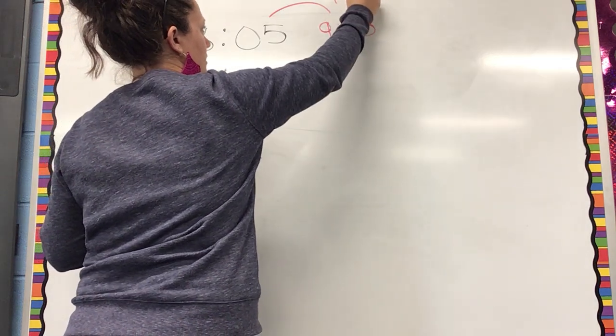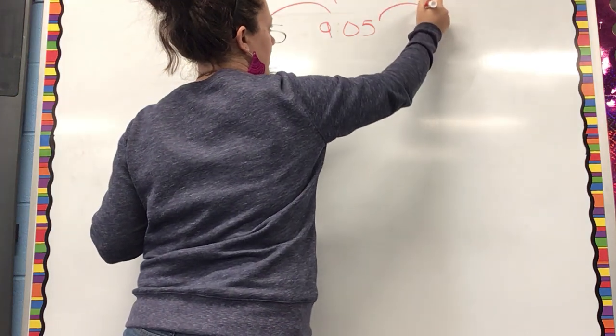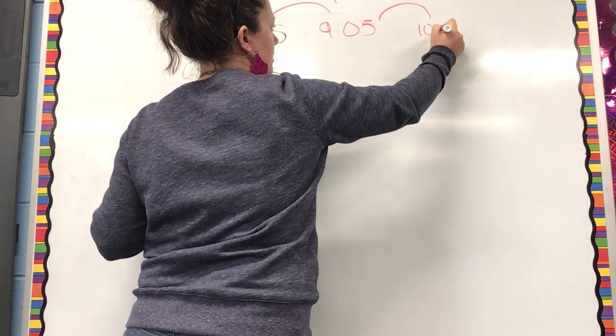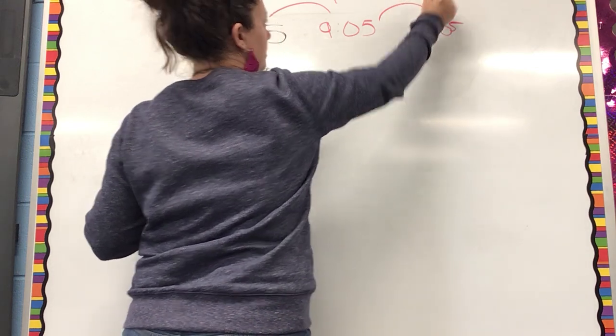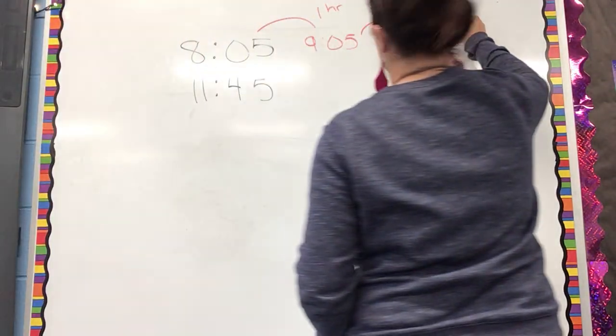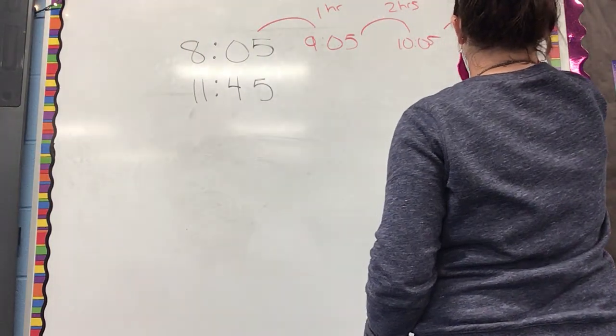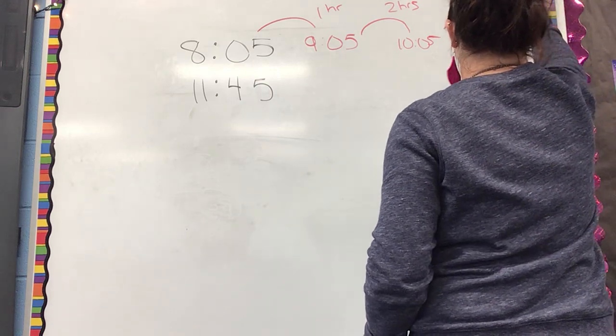Then I'm going to count up another hour to get 10:05. Now I'm at 2 hours. Another hour puts me at 11:05, and I'm at 3 hours so far.